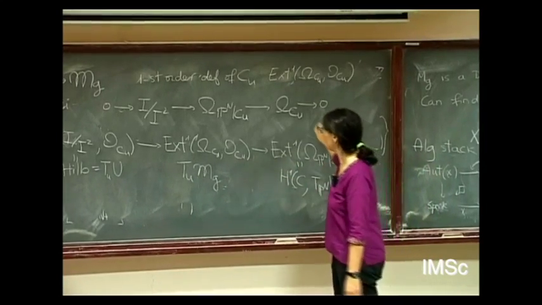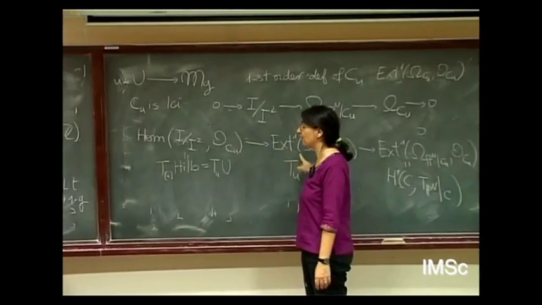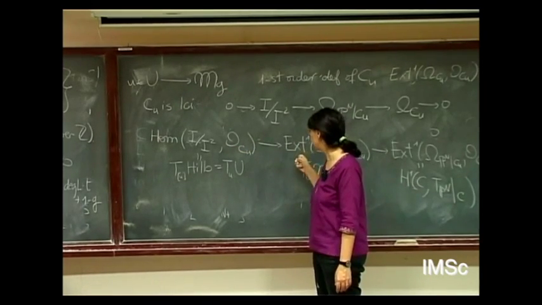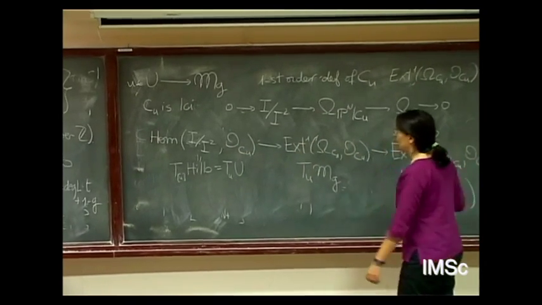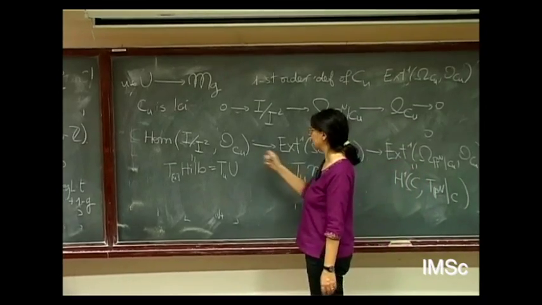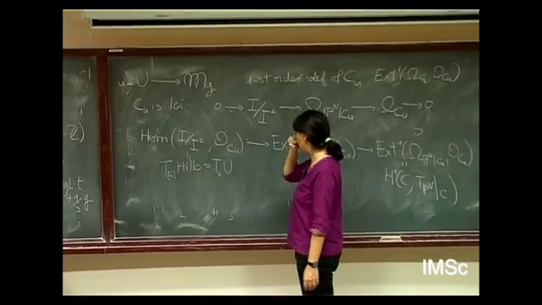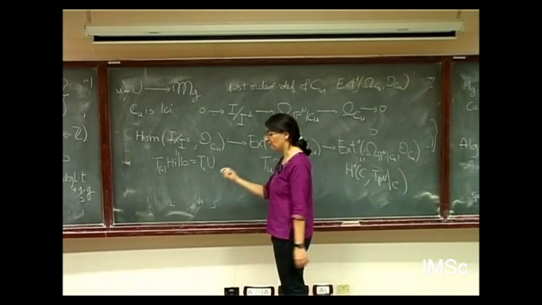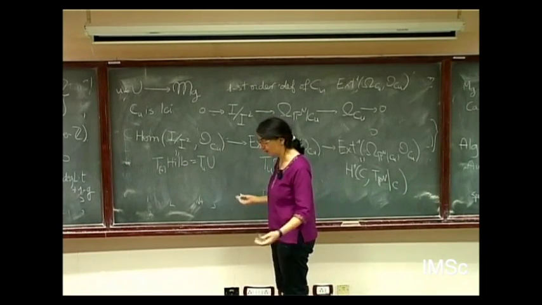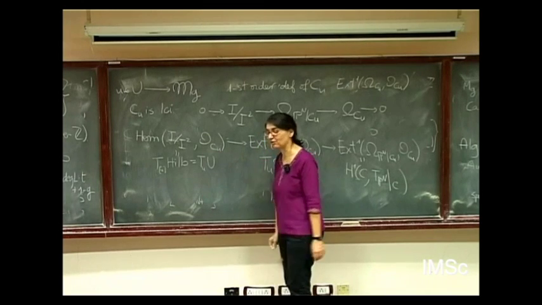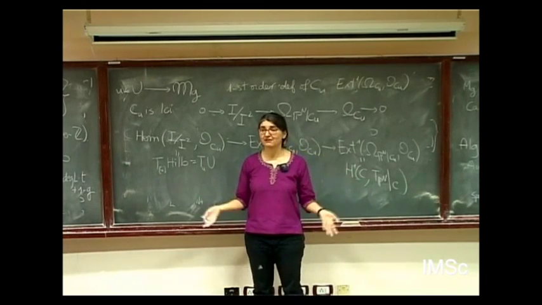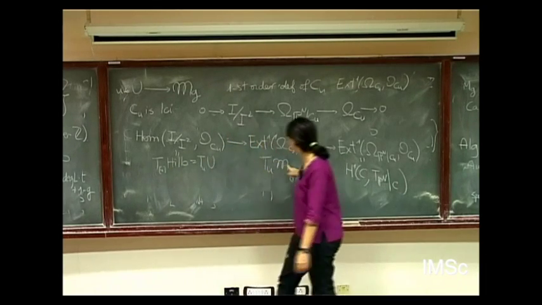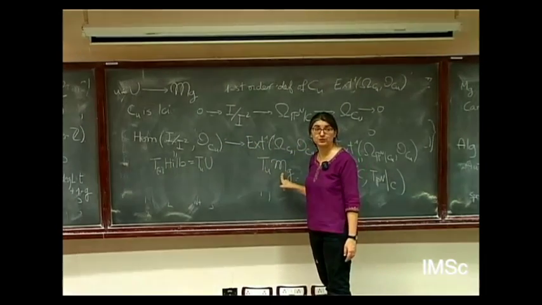So this is 0, and so this morphism is surjective on the tangents and injective on the obstructions, because there are no obstructions; you do a little bit of extra computation. And then there is a general theorem in deformation theory that tells you that the map from U to Mg is formally smooth.